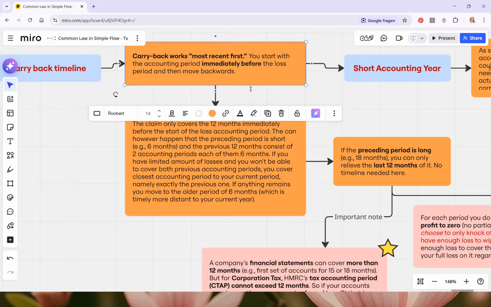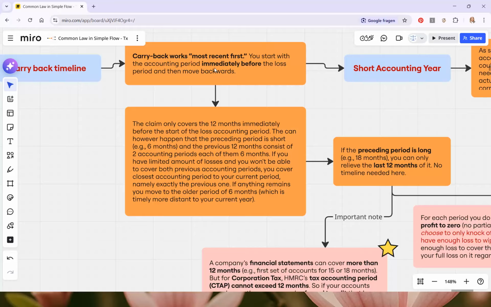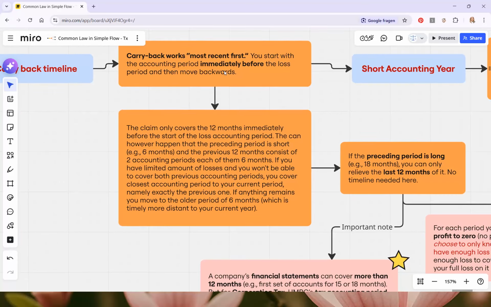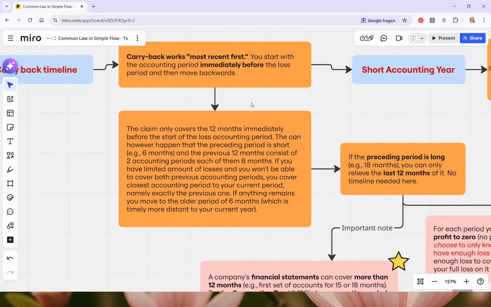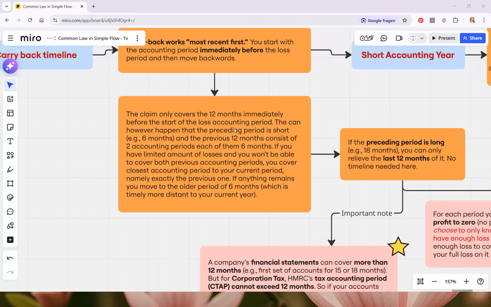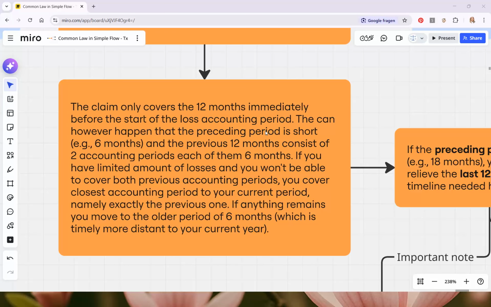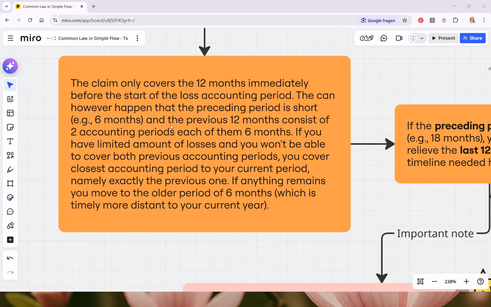So the carryback works most recent first. You start with the accounting period immediately before the loss period and then move backwards. The claim only covers the 12 months immediately before the start of the loss accounting period. It can, however, happen that a preceding period is short, for example 6 months, and the previous 12 months consist of 2 accounting periods, each of 6 months.